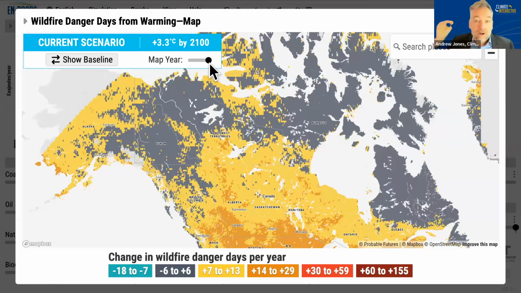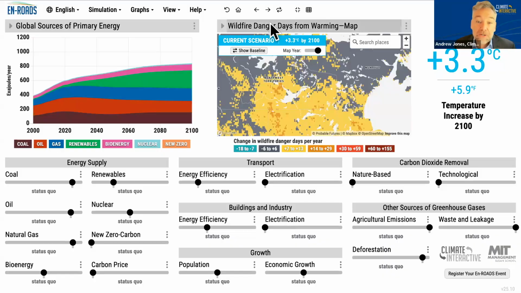It's not the very worst case, but this is a relatively conservative scenario where we don't see global strengthening of policy. So that's where things would be headed. Again, what we're going to do is create a different global future and then see how different this would be at different times.